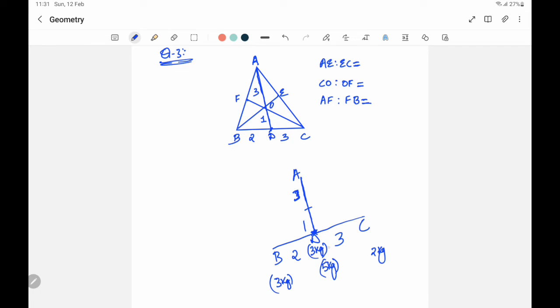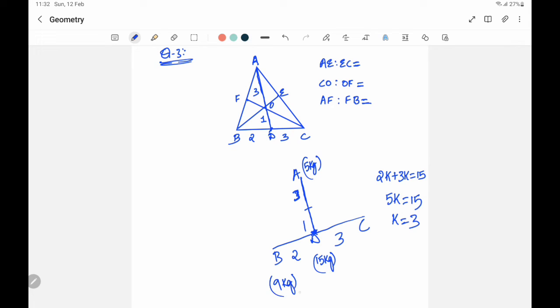So multiplying 3 into 5, I'll take 15 kg to be the weight at D. If it is 15 kg, then 2 into some portion plus 3 into some portion is equal to 15. So 5k is equal to 15, so the multiplying factor is 3. So here there would be 9 kg and here there would be 6 kg.